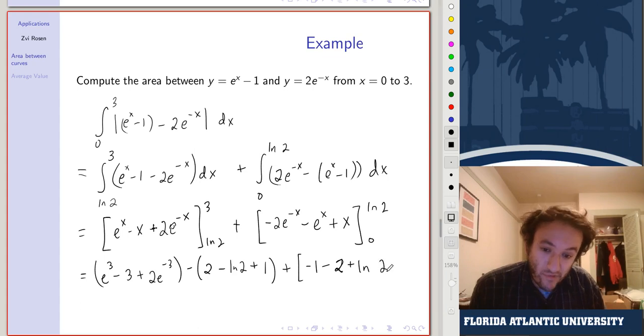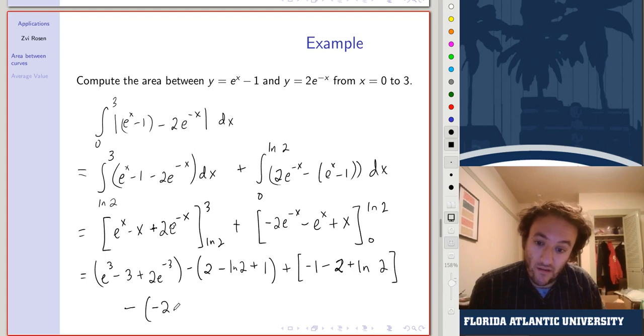So I believe we have full cancellation on this term. Minus negative 2e to the 0 is 1, minus e to the 0 is another 1, plus 0.